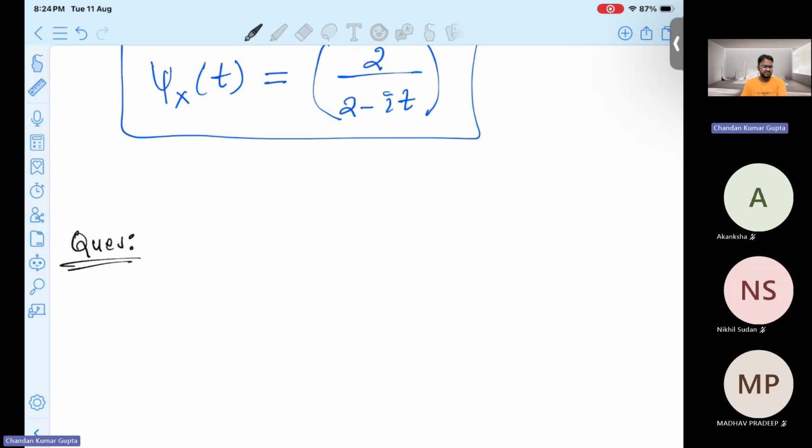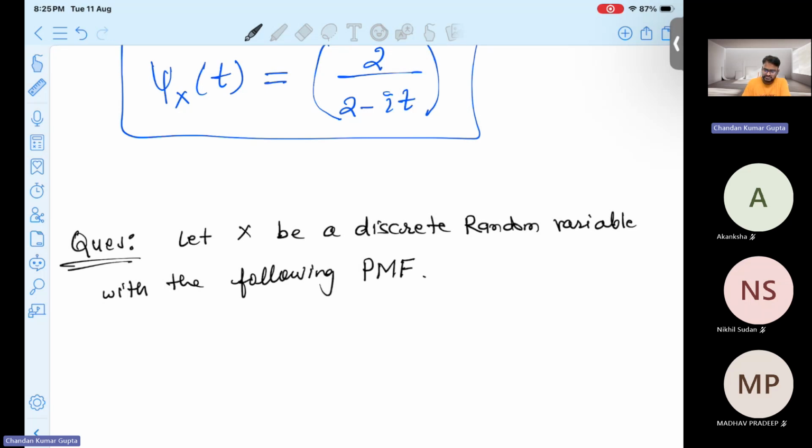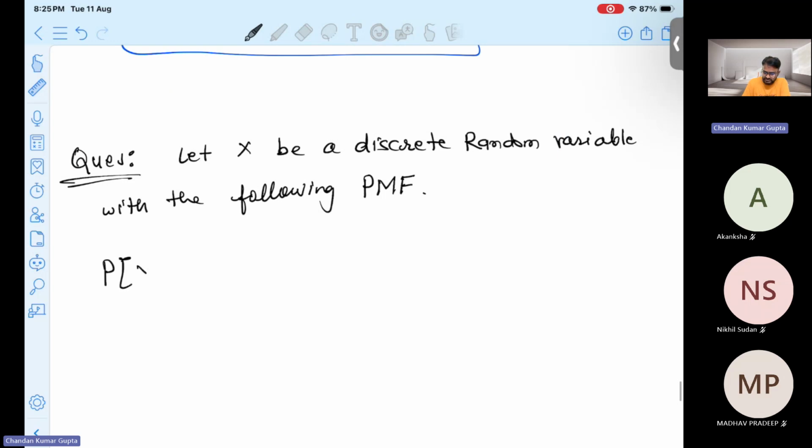Okay, the next question will be like, we are given a discrete random variable. Let X be a discrete random variable with the following probability mass function. So we are given the probability mass function in this manner.